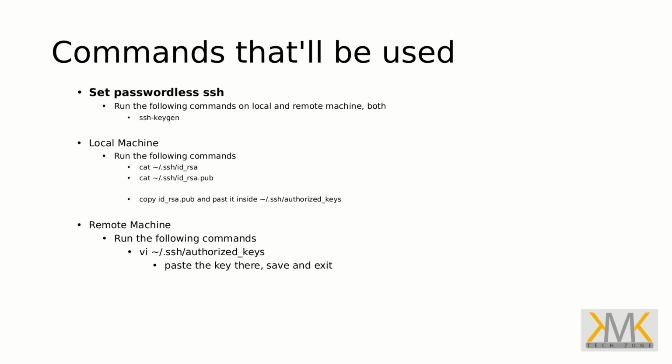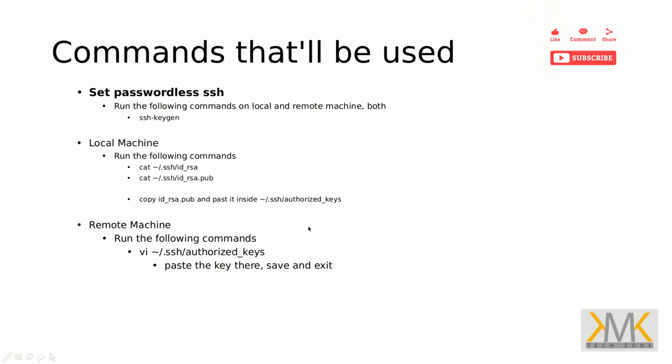Third thing we're gonna have is we will run this command that will set up a default configuration of SSH on both local and remote machine, and then we will use these commands.